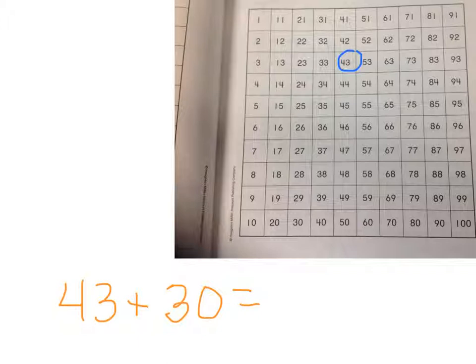Because when I move to the right, my numbers are going to get bigger, and I add 10 each time. How many 10s do I need to add? Did you say 3? Let's count them and see. 1, 2, 3. So 43 plus 30, 10, 20, 30, is 73.